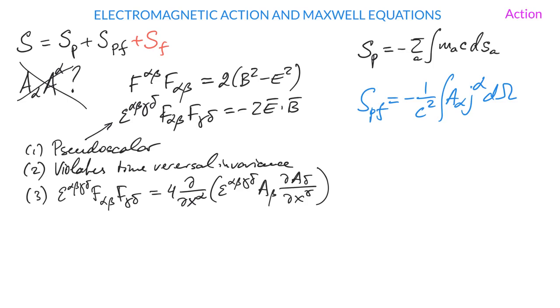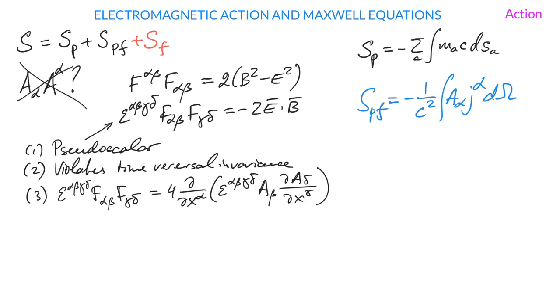You keep the values of the fields, the coordinates, fixed at the initial and final times in the standard theory, or on some hypersurfaces in four-dimensional space-time, and then you vary the field coordinates between them.